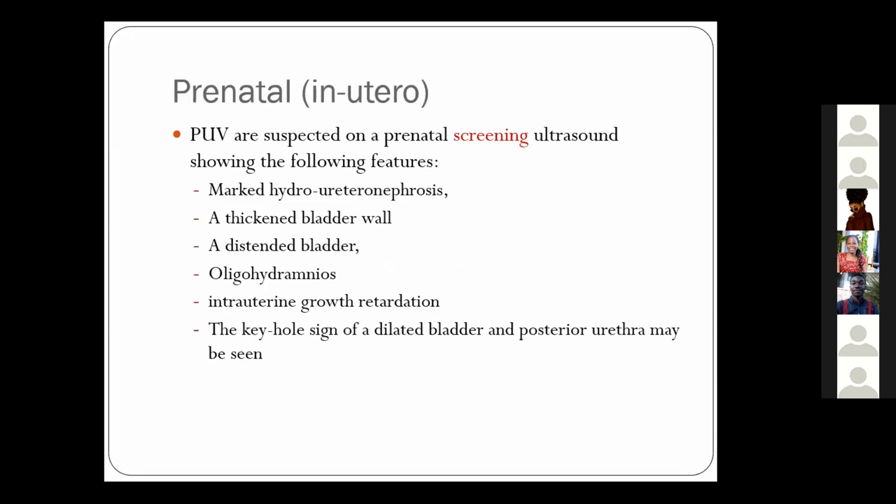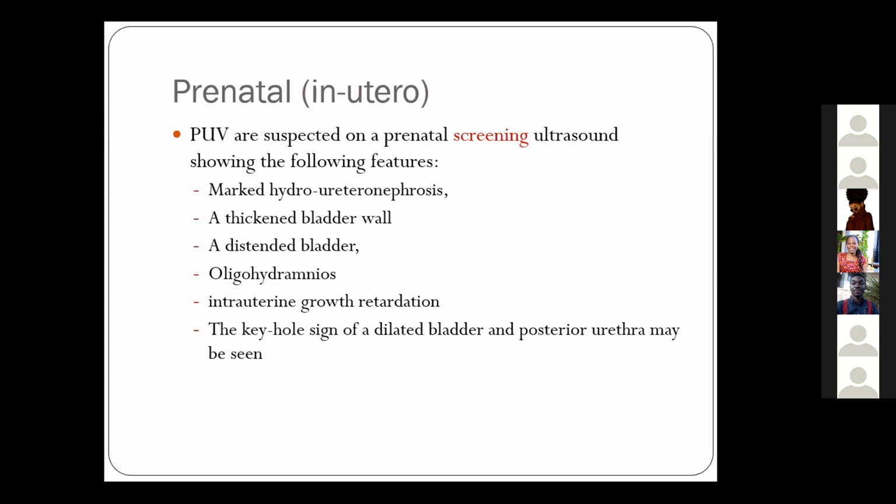So in utero, or prenatally, posterior urethral valves are suspected on a prenatal screening ultrasonography. And that scan will show the following features, which should raise your suspicion or confirm posterior urethral valves in the prenatal phase.